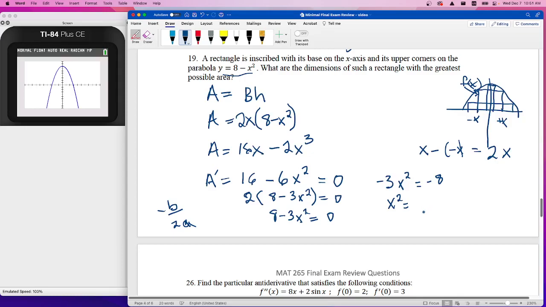is equal to 8/3, right? Dividing by negative 3, the negatives become positive. And then you could take the square root of both sides, so x really needs to be the square root of 8/3.